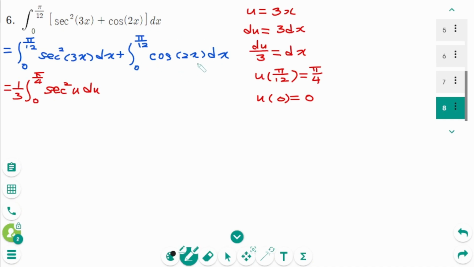The second one, let w equal 2x, then dw equals 2 dx, divide by 2 on each side, dw over 2 equals dx. When x equals pi over 12, then w of pi over 12 equals 2 times pi over 12, which is pi over 6.